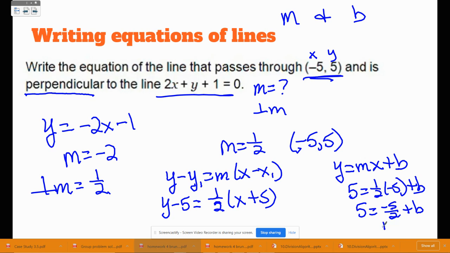So if I add the 2.5, my b is going to be 7.5. Okay, so I'm going to write with decimals just because then they're both in decimals, 0.5x plus 7.5. If you went this route, you'll get the same thing if you clean it up and put it in slope-intercept form.